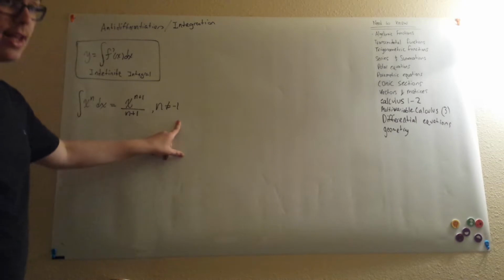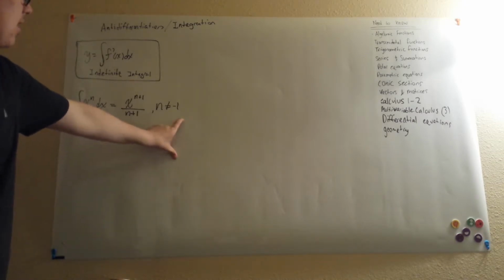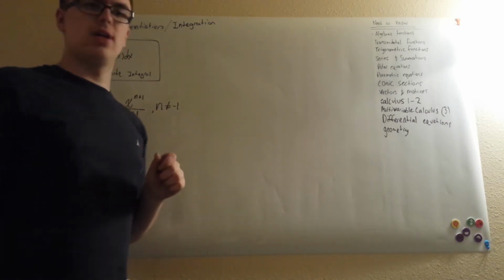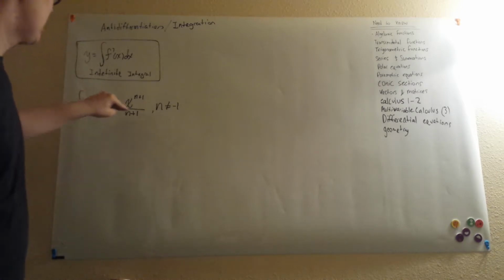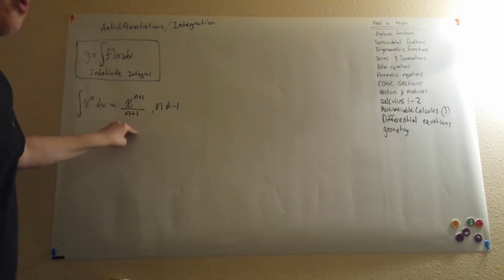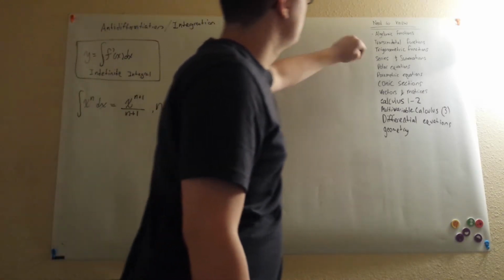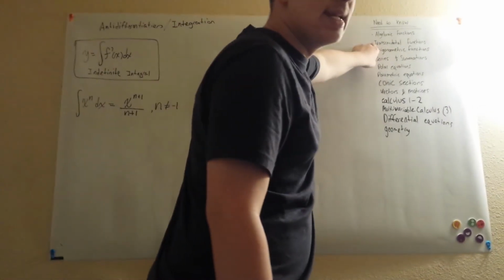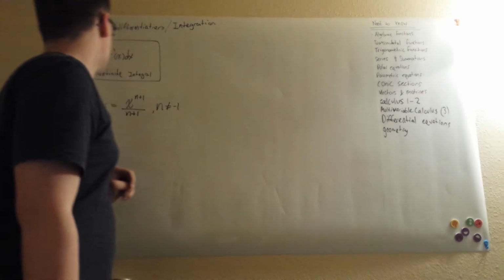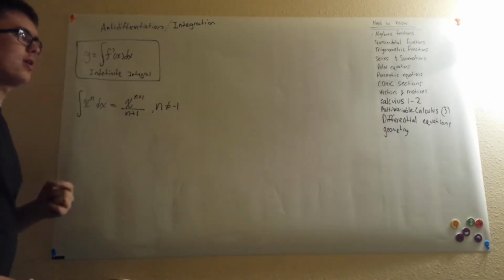No, we can integrate if n is equal to negative 1, but we cannot use the power rule. You will use this when dealing with transcendental functions. It will be very important.